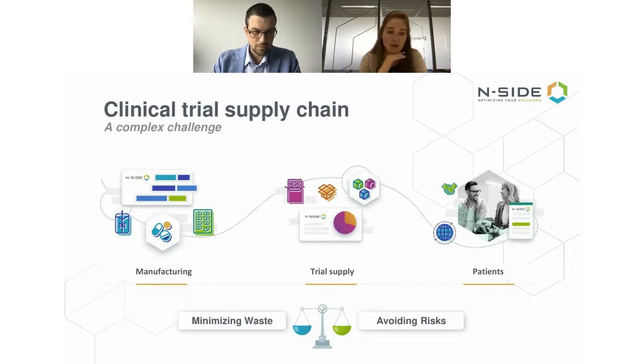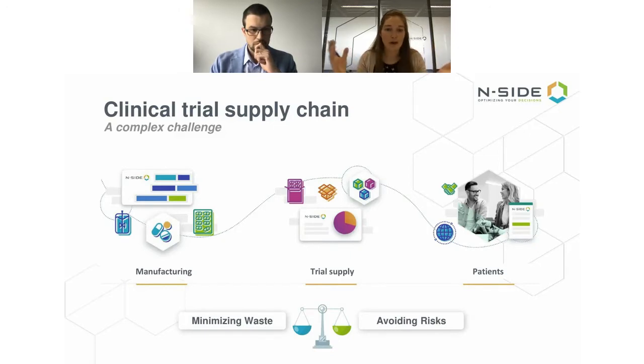So it goes in one direction, but what's interesting is that the actual flow of materials, the goods, are running in the other direction. So we have a lot of different constraints or processes in the manufacturing or through the distribution that don't necessarily allow us to answer the patient demand in the most straightforward, most efficient way.